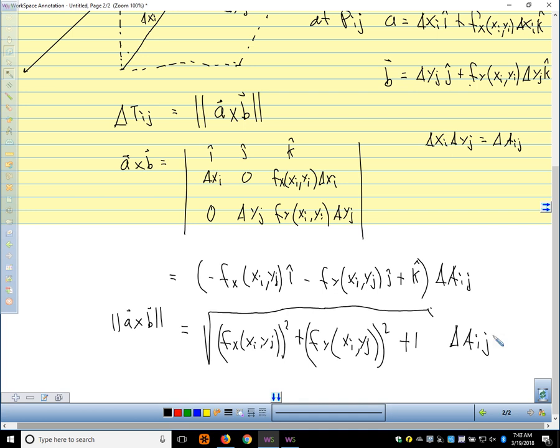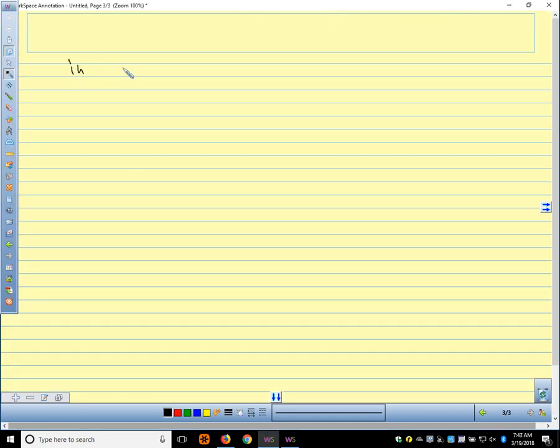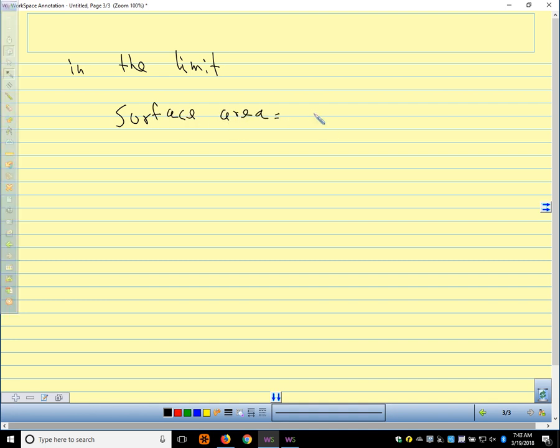So in the limit, our surface area, I'm going to use a capital S, S equals the double integral over our region of the square root of f sub x squared plus f sub y squared plus 1 dA.